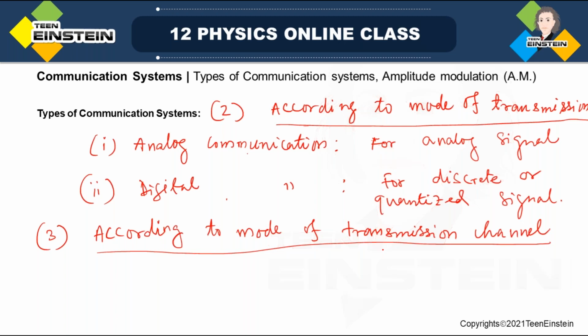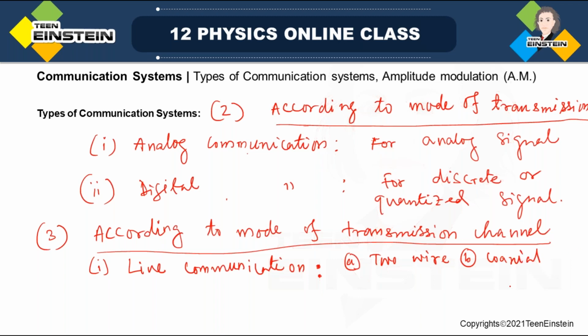We have basically line communication and space communication. Two types. One is line communication, and in this line communication, what are the media we use? We use various things like two wire line communication, generally wire is used, or coaxial cable communication, coaxial cable.